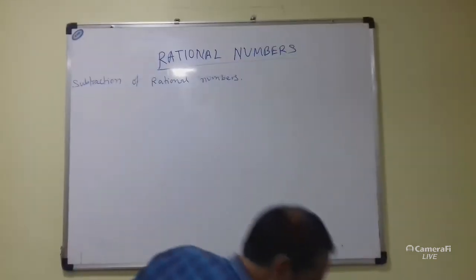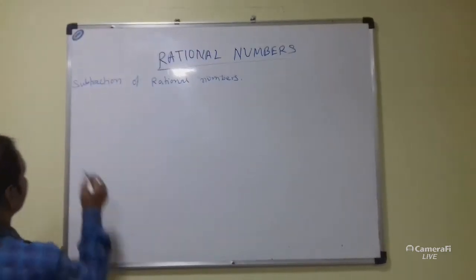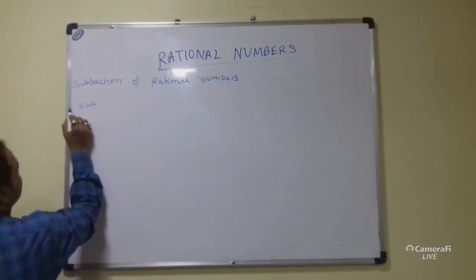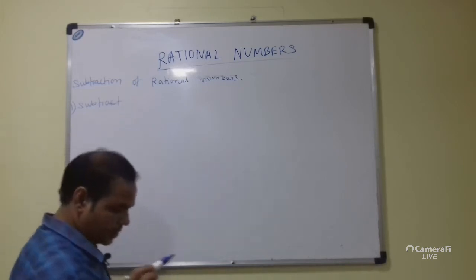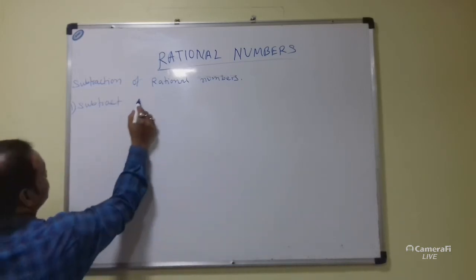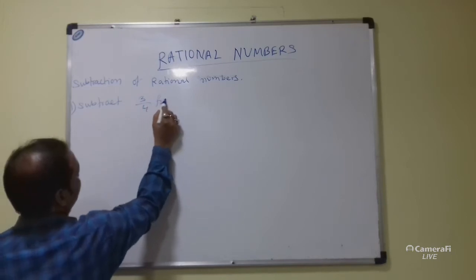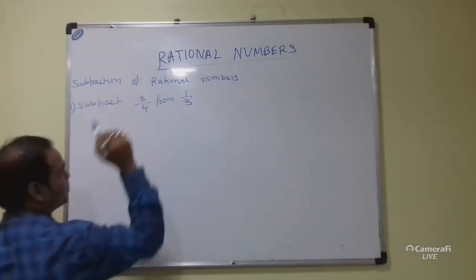Subtraction of rational numbers. The first question is: subtract 3 by 4 from 1 by 3.